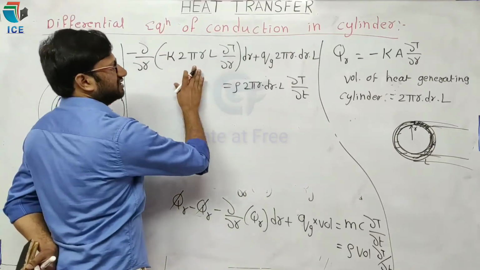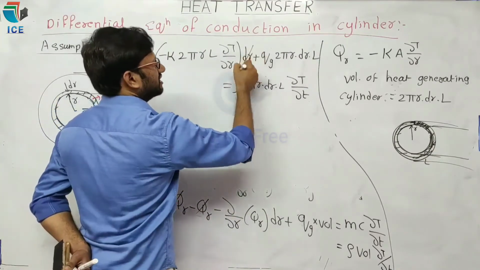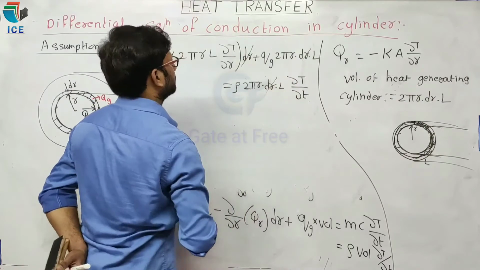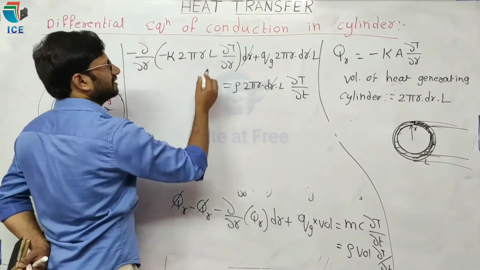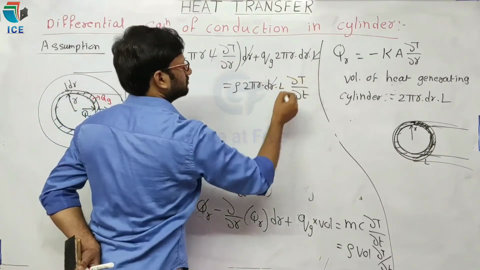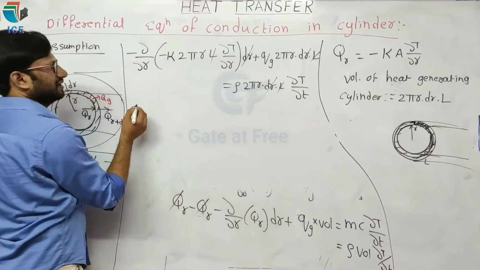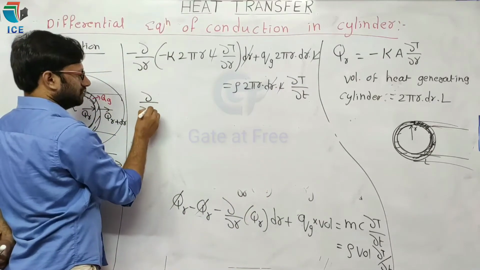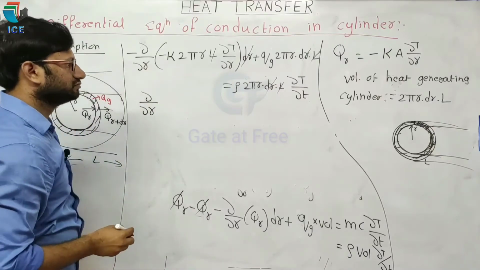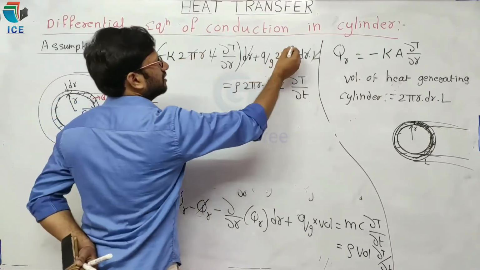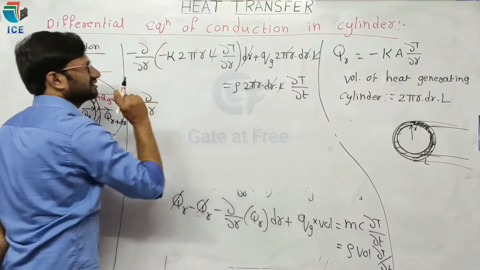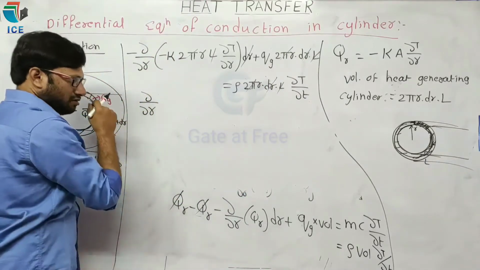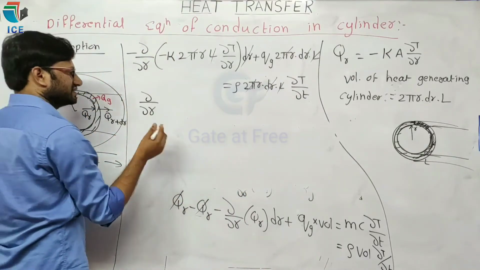Now on both the left hand side and right hand side, can I cancel dr and L? Now what is the remaining? Minus minus plus dou by dou r. You can cancel 2 pi on all terms. Don't cancel r, because T is a function of radius.